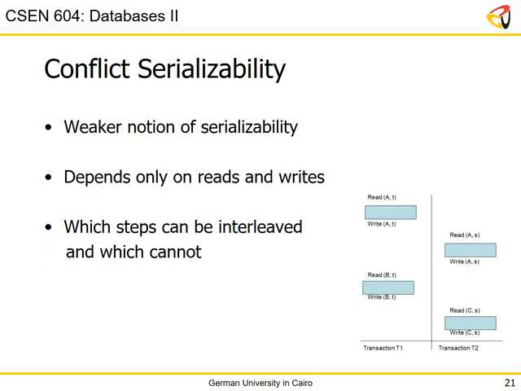Swaps of reads and writes from different transactions that have no impact on the final output, and swaps of reads and writes, or writes and writes, that have an impact on the final output. We call the ones that, if we change their order, the final output will change, conflicting steps. And the ones that we can swap and the final output is the same will be non-conflicting steps. So let's talk more about this idea.